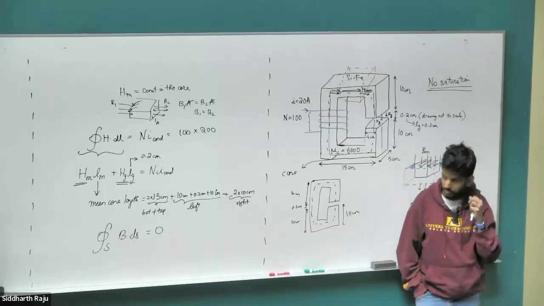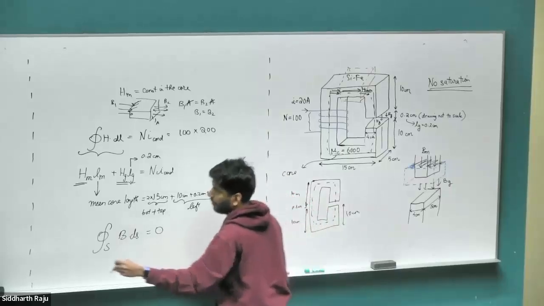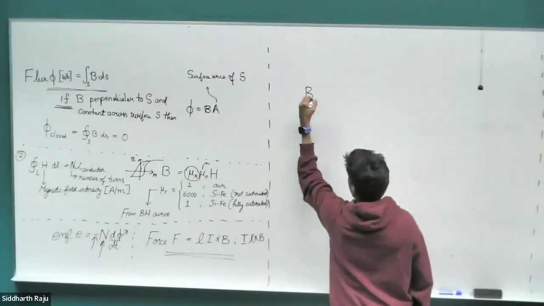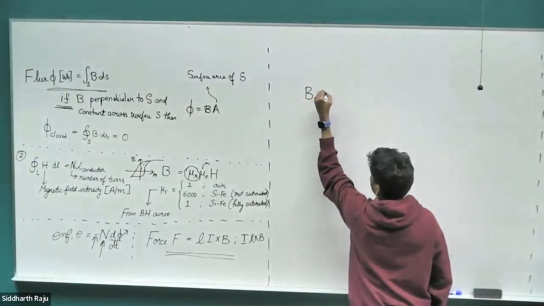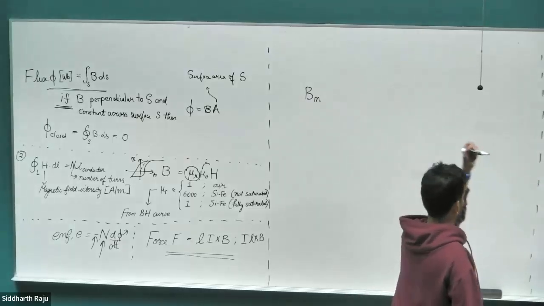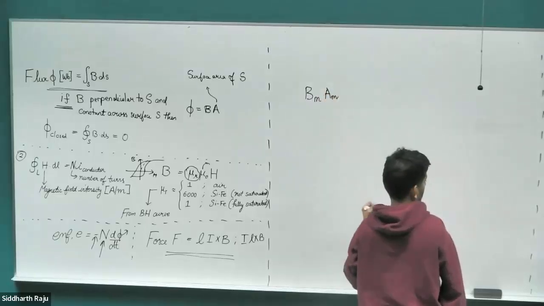Bm times A. The flux coming from the top side is going to be Bm times A. And the cross-sectional area, you can just figure that out. It's 5 centimeter times 4 centimeter. So let me leave it as just A, A being the cross-sectional area.